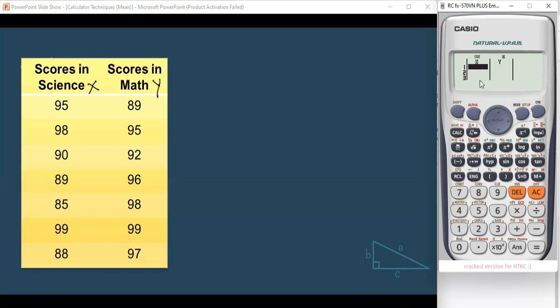So katulad ng ginagawa natin dati, we need to input all of our x and all of our y's in our calculator. So we have here 95 is equal to 98, 90, 89, 85, 99, and 88.